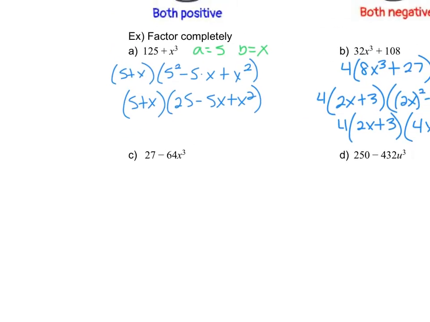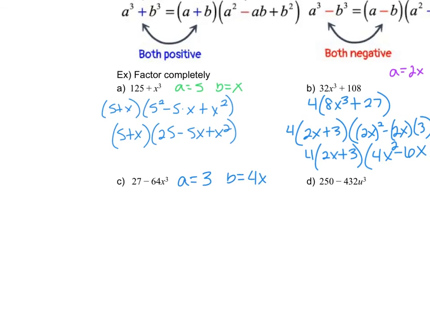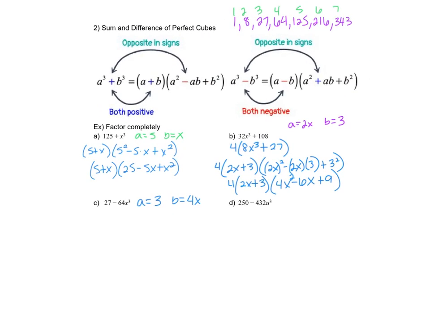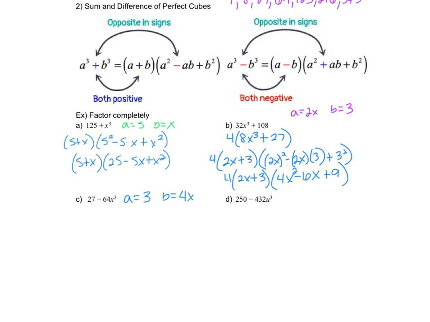Okay, let's go on to the next one. Looks like these are perfect cubes. So our a term is going to be 3, and our b term, what would that be? 4x. And now since there's a subtraction sign in between them, we're going to be using the second formula, which really is similar to the first.